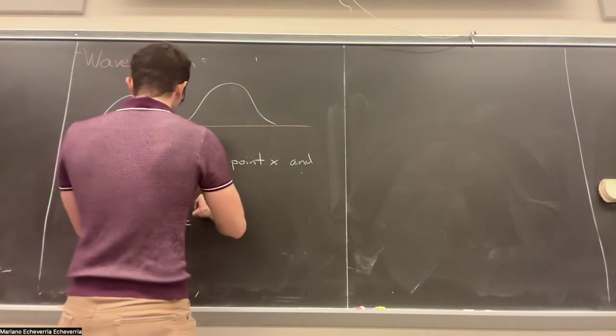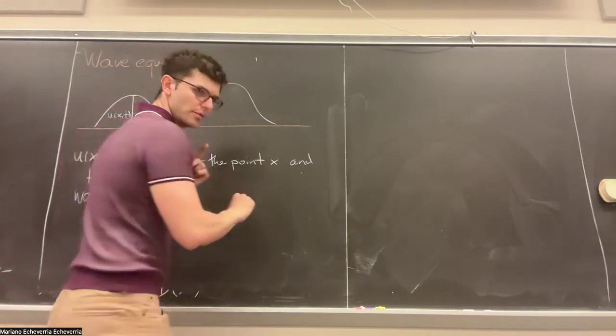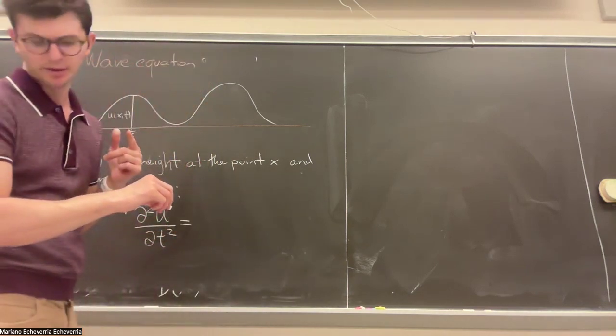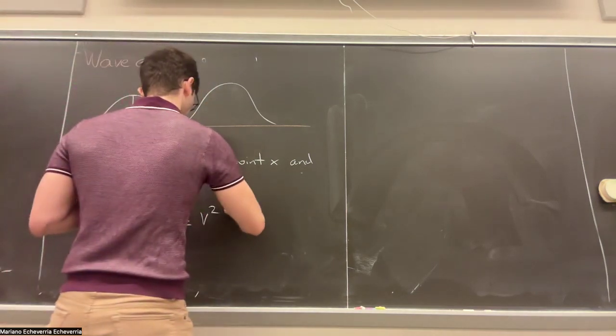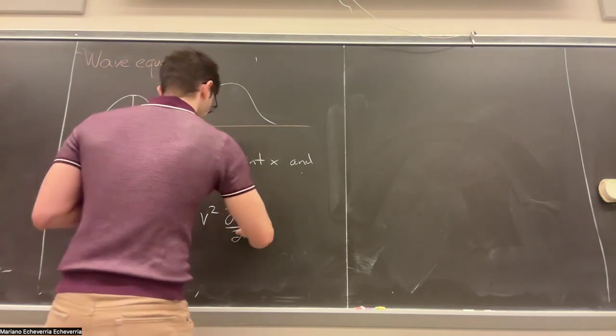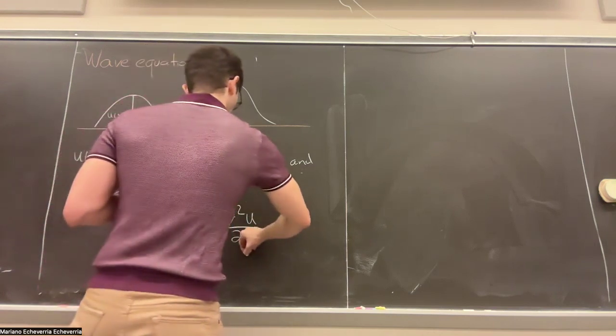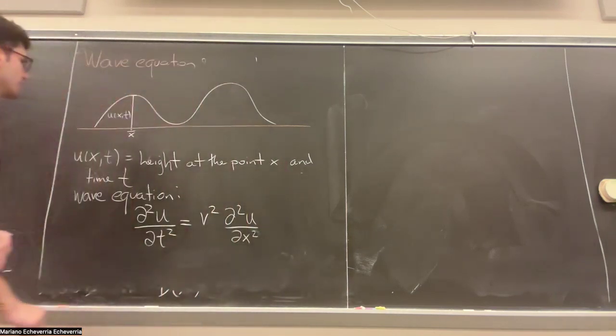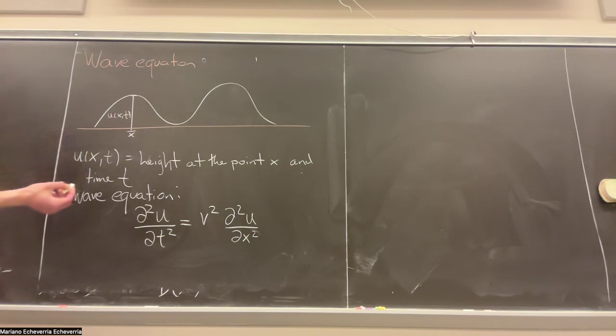I always forget where I should put the v. Right, so the function depends on two variables, and the wave equation is an equation that relates the second partial derivatives of this function, the pure partial derivative with respect to x and the one with respect to t.